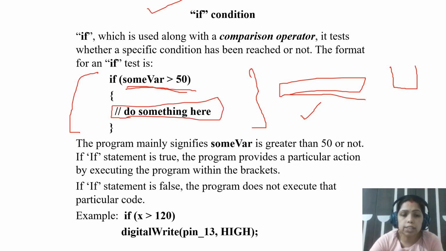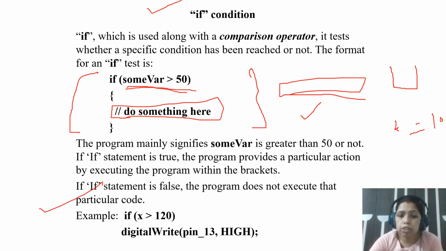Now you can see the example here, right? x greater than 120. You are storing some value in a variable x, which is an unknown value, and you declare x beforehand. Suppose x is 10.